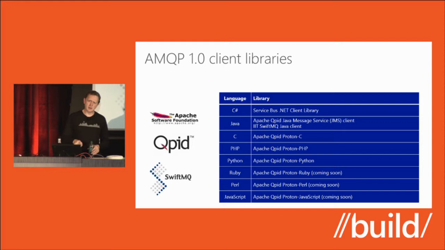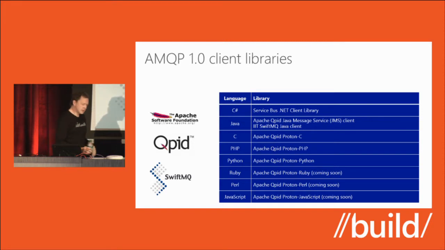We also have another Java client library from a company called IIT that make a popular Java broker called SwiftMQ. And we have a bunch of libraries based on Proton.